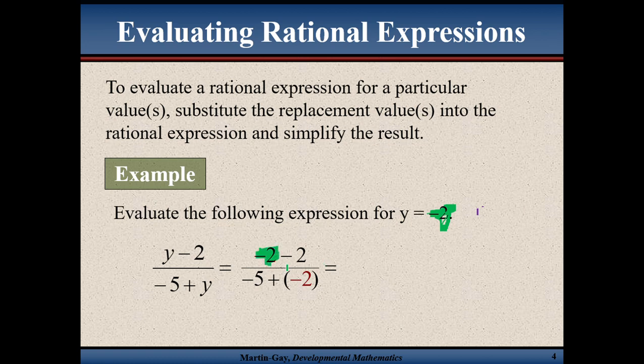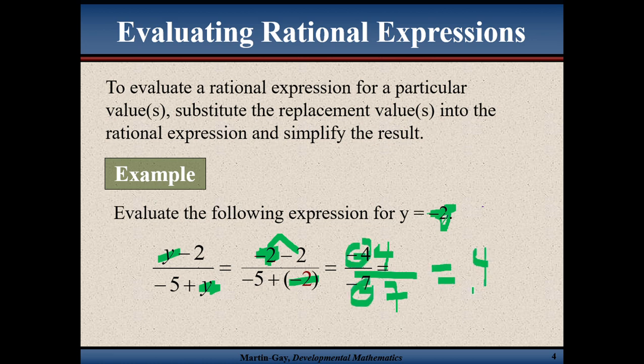Sinubstitute natin ang value ng y sa negative 2, kasi y ito, di ba? So here, we have negative 4 all over negative 7. They are both negative, so 4 over 7.